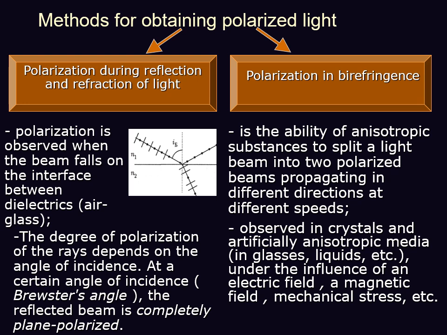Such polarization can be observed both in natural conditions, that is, in crystals formed in the Earth's crust, and in artificial environments, that is, manufactured glasses, liquids, and transparent solids, but most often under some kind of stress.